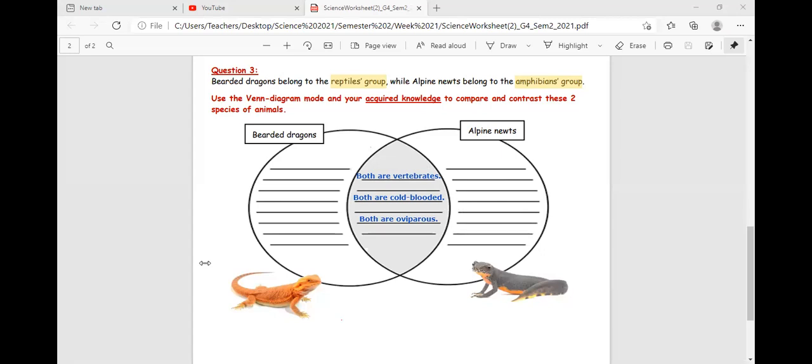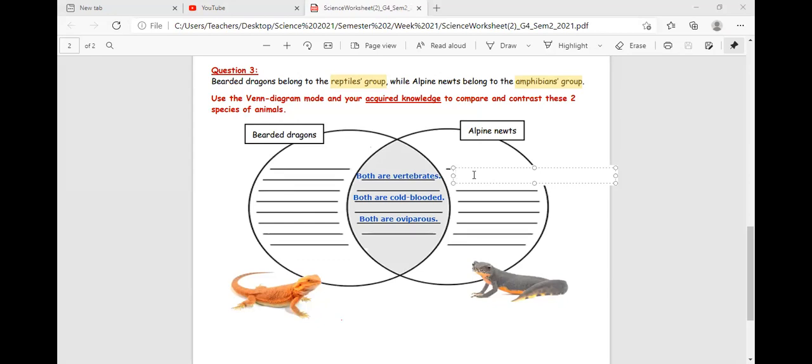Mira. Newts are slimy. Newts what? Miss, can I answer? Yes, ya Altaf.